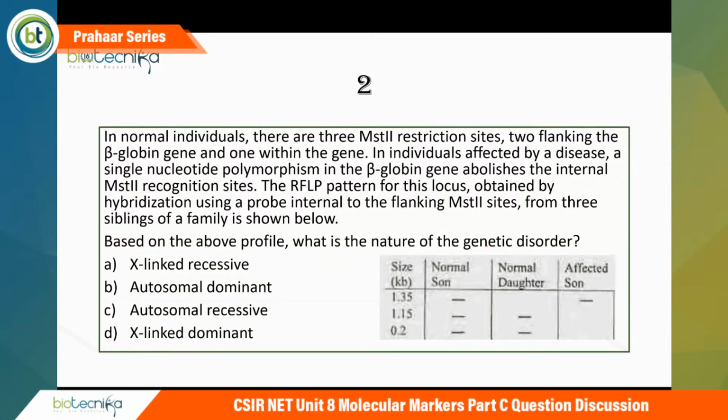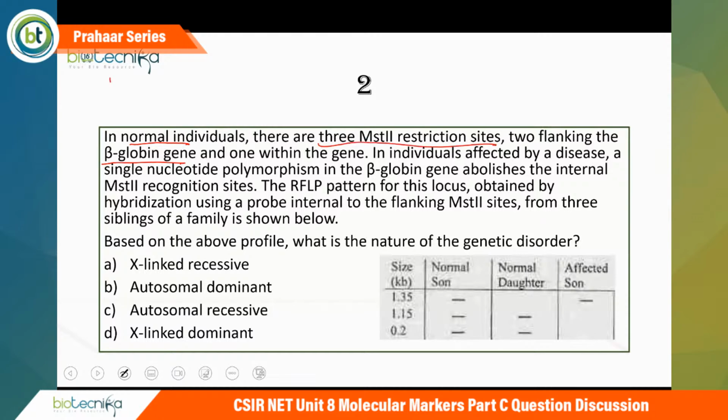So you can consider it part of either concept, it does not matter. The RFLP pattern is given. First of all, what is mentioned in the question? It says that in normal individuals, the beta globin gene has 3 MST2 restriction sites.